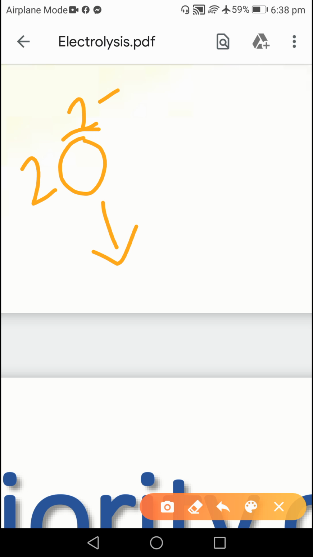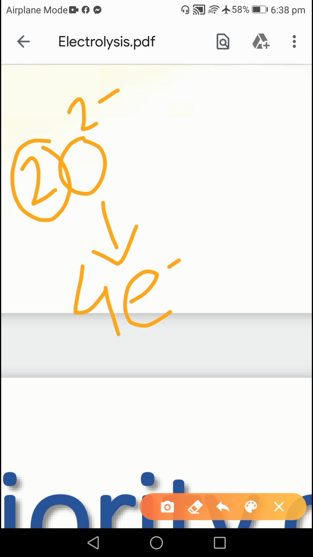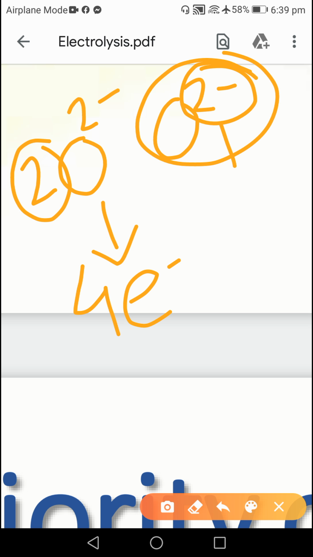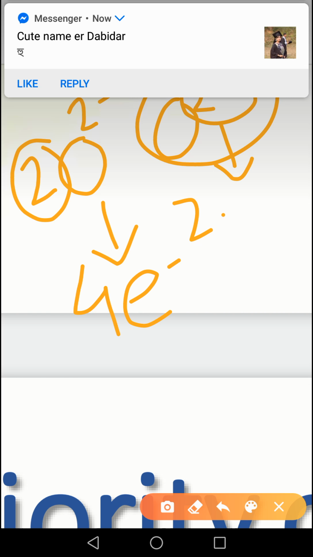A single oxygen has a charge of 2, so there are 2 oxide ions. The total charge will be multiplied, and the total charge is 4 minus. So these 2 oxide ions will deal with how many electrons? 4 electrons. Or you can think of it simply: a single oxide has a charge of 2, so it deals with 2 electrons.